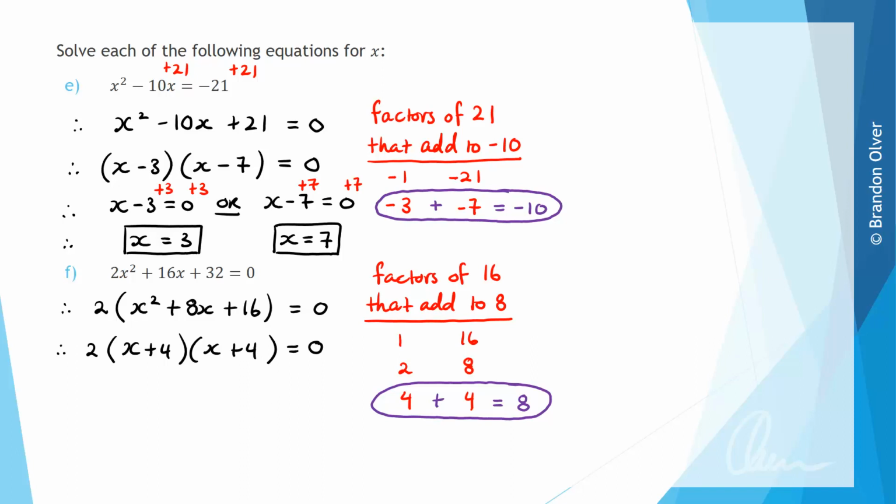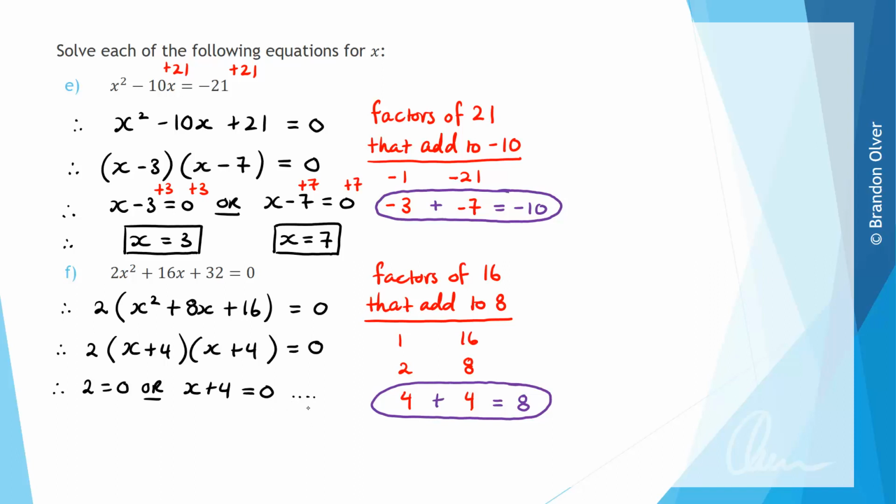Now we can apply the null factor law, and there's actually 3 things that are multiplied together. We have 2 times x plus 4 times x plus 4. So the null factor law would say that 2 could equal 0, or that x plus 4 could equal 0, or that x plus 4 could equal 0. But we don't need to write that out twice, because it gives us the same value in the end.